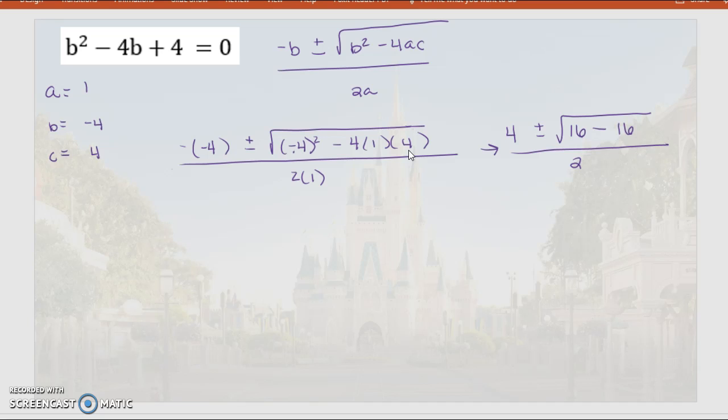You're probably looking at this going, huh? 16 minus 16. So 4 plus or minus the square root of 0. That just cancels out, and we just have 4 over 2.